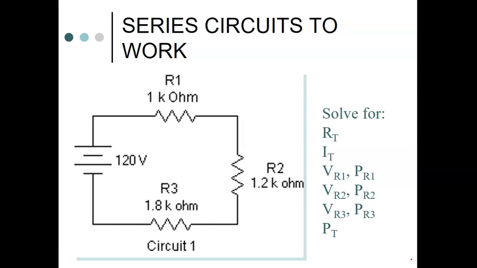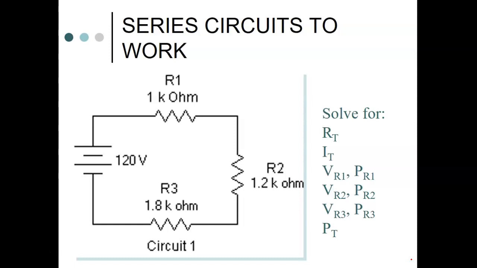Current times resistance will give me my other voltages. So what is my voltage for R1? 30 volts. What'll be my voltage for R2? 36 volts.